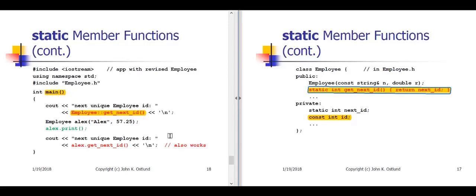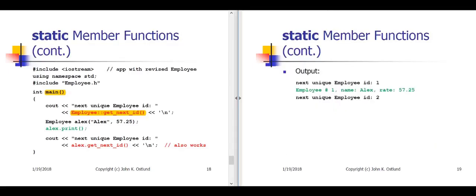Okay, so let me show the output on slide 19. The first line of output says, next unique employee ID is 1. Then in main, we do create an employee object named Alex. Alex's ID is initialized with 1, and then the nextID static data member is post-incremented to 2.